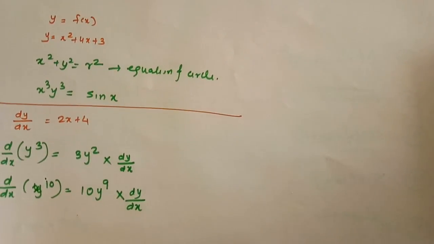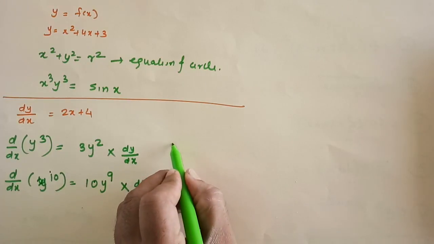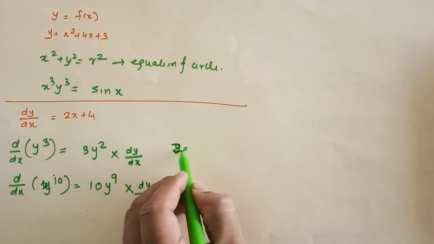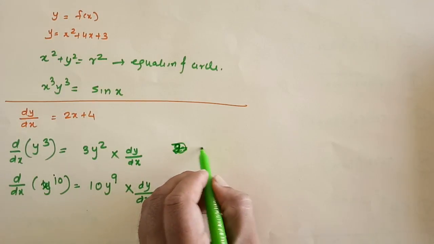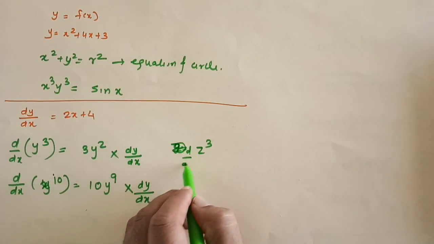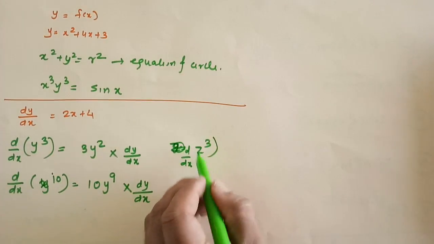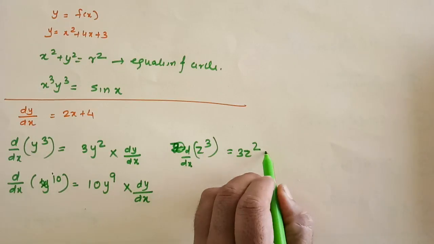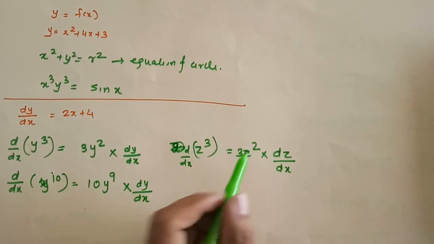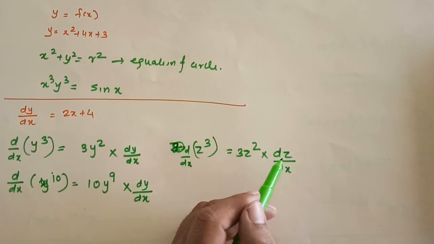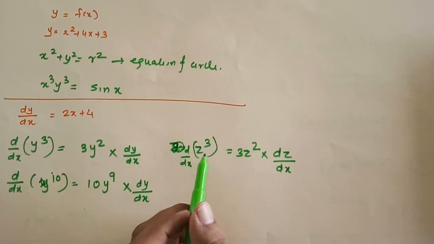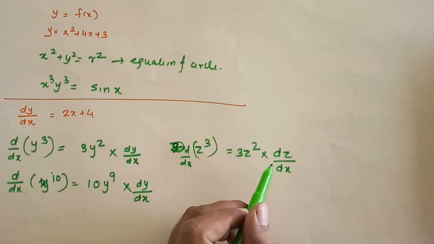Next, say you want to differentiate z cube with respect to x. It's going to be 3z squared times dz by dx. The only thing to remember is to multiply by the derivative you're computing. So the z cube derivative is the normal 3z squared times dz by dx.